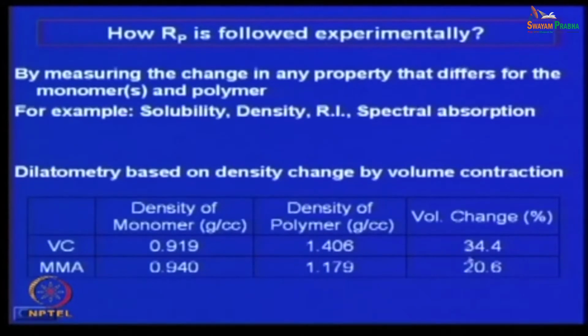So, the volume change is this. From this volume change, which is proportional to the growth, one can calculate the rate of polymerization. Am I clear?